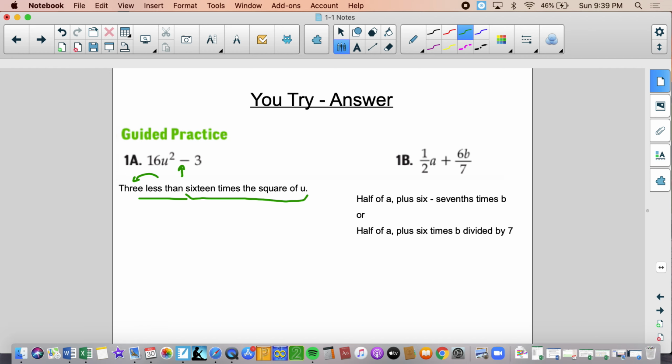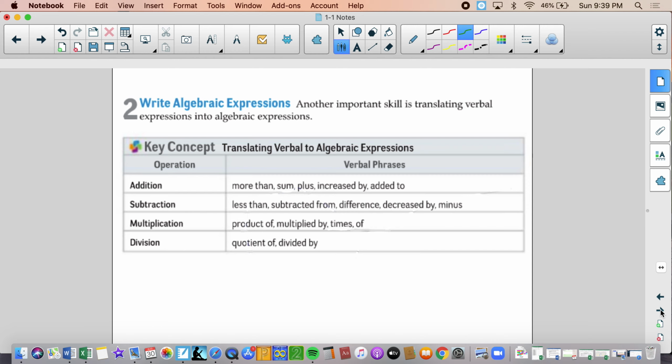And if you use the term more than, then you would say 6/7 times B more than 1/2 A. So we see that whenever we do this less than or more than, whatever comes second goes first. That's kind of confusing, so don't be afraid to say plus or minus. Those are good terms.